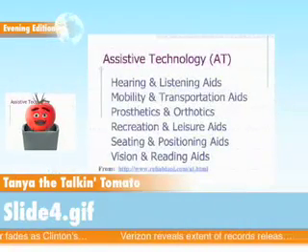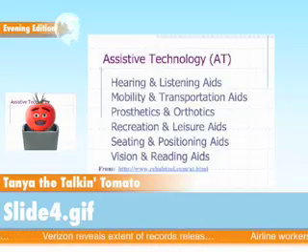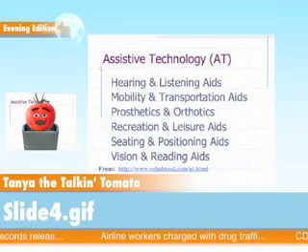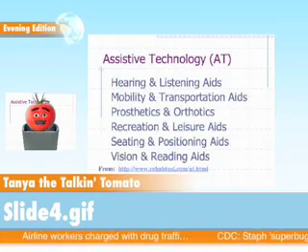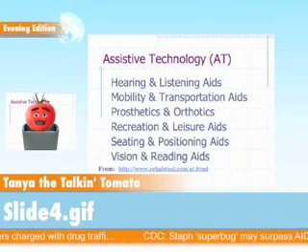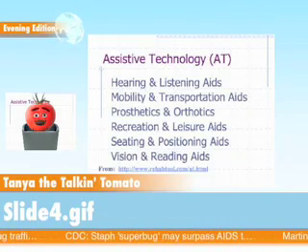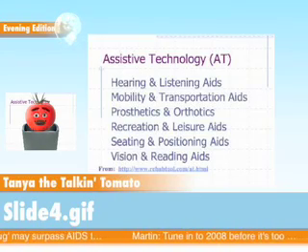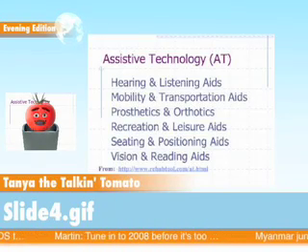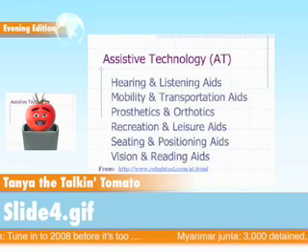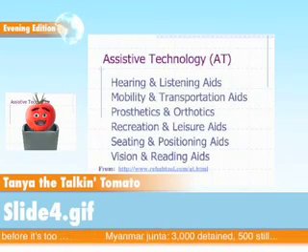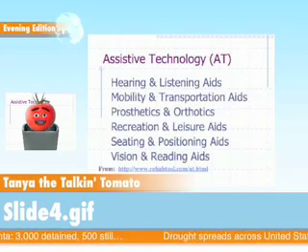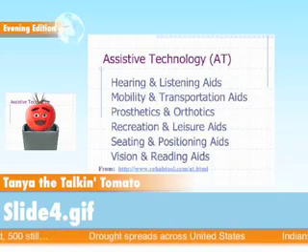There are some other things here, like hearing and listening aids, and mobility and transportation aids, like wheelchairs, as well as prosthetics and recreational aids, and seating and position aids, things that help people sit properly and sit up just right, and vision and reading aids.